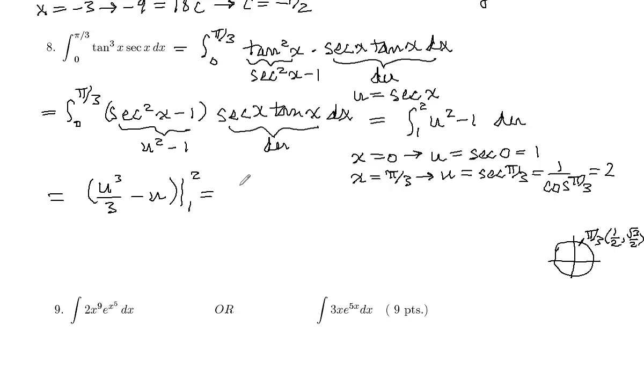We plug in our 2, that's 2 cubed over 3 minus 2. And we are subtracting off, plug in the 1, so 1 cubed is 1 over 3 minus 1. And if you do the calculator work there, you will get 4/3. I'll leave the calculator work to you.